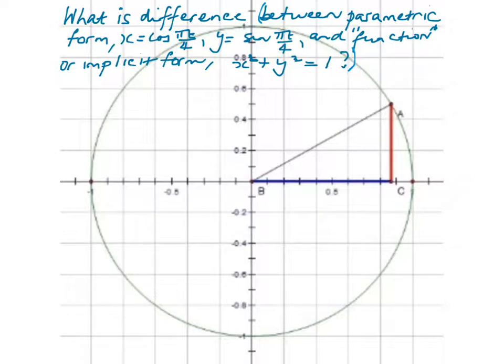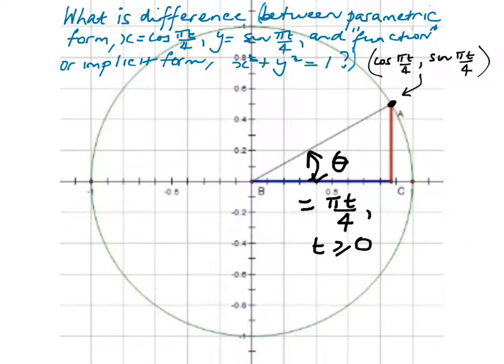But here we go, explaining it all in detail. There's theta, okay? Theta equals pi t over 4, in our case, for an 8-second period. And t is greater than or equal to 0. So there are our coordinates: x is cos of pi t over 4 and y is sine of pi t over 4.